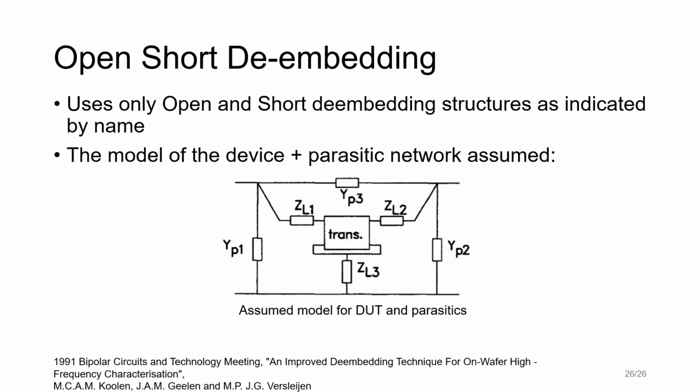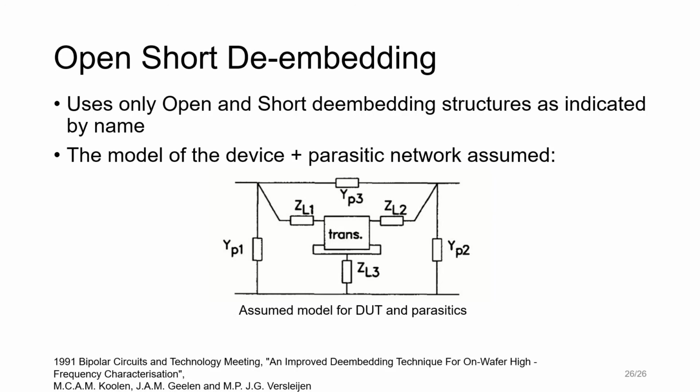In this slide, we are going to discuss a bit more about one particular de-embedding method that is known as the open-short de-embedding. So this uses, as the name suggests, only the open and short de-embedding structures. The model that is used for the open-short de-embedding assumes that the transistor or the device is in series with certain impedances, and the whole network is in parallel with another set of admittances, as shown in the figure.